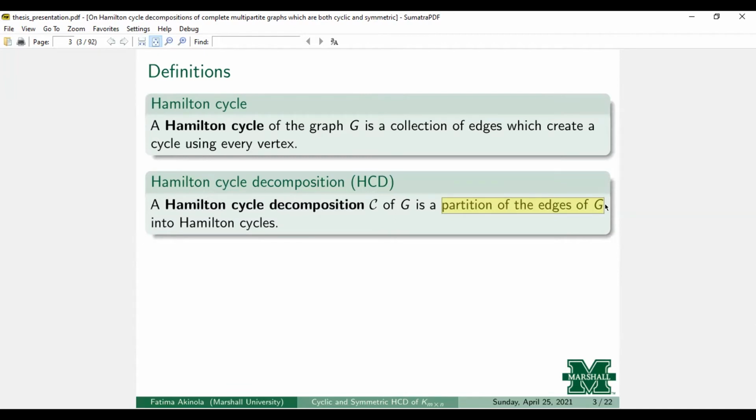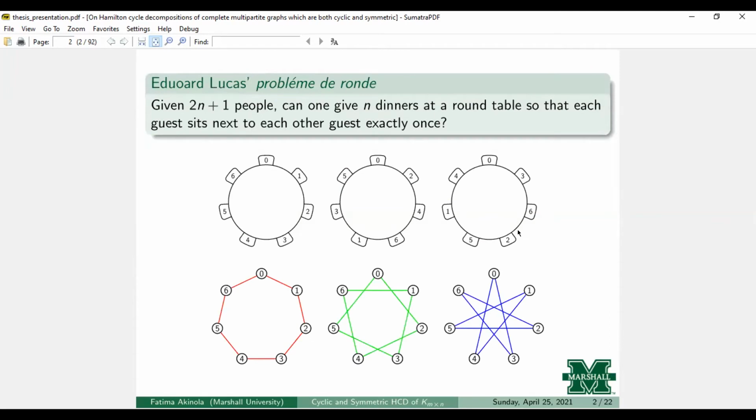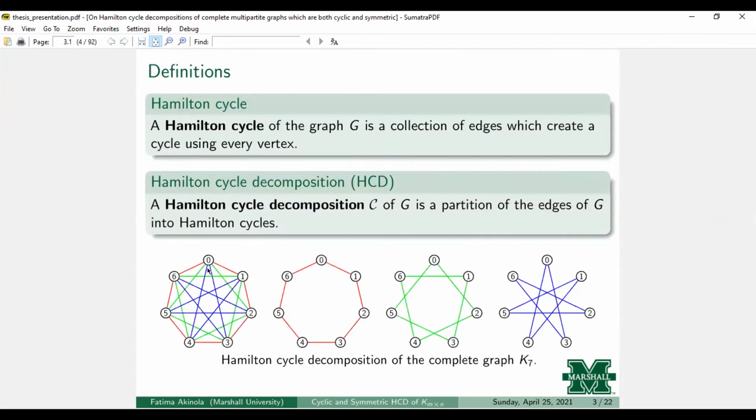So this is the complete graph K7, and this is us taking all of its edges and partitioning it so that no two cycles use the same edge more than once.